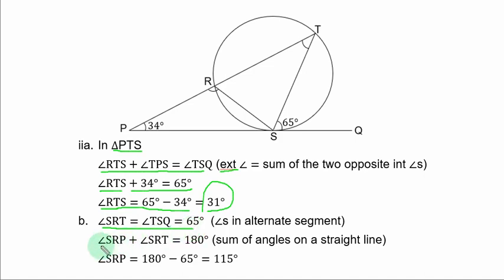So if you add angle SRP to angle SRT, the sum is 180 degrees. Sum of angles on a straight line, then angle SRP is equal to 180 degrees minus 65 degrees, and that is 115 degrees.